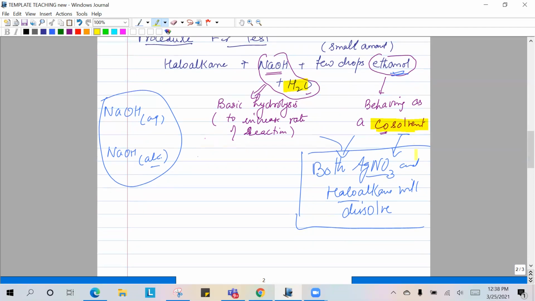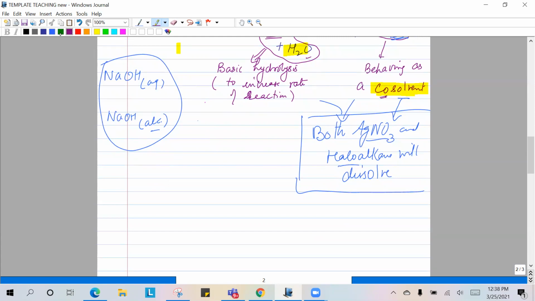So all polar, non-polar, any kind of substance. This is additional information: anything which is polar or non-polar, everything will dissolve.